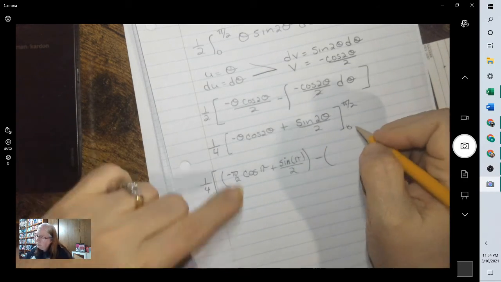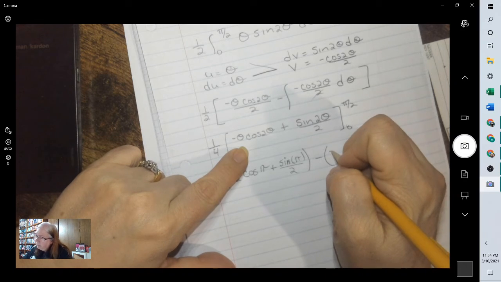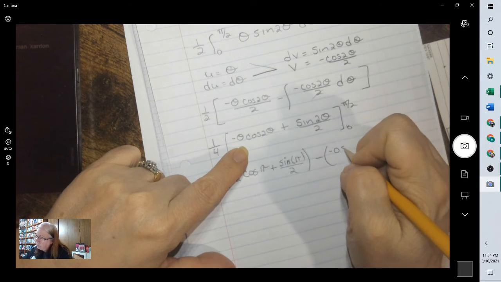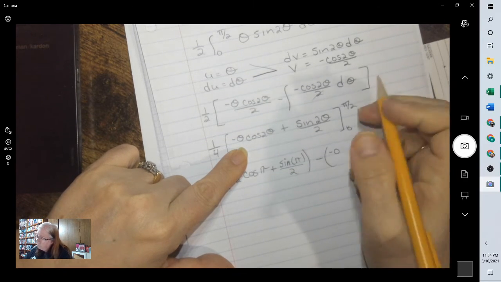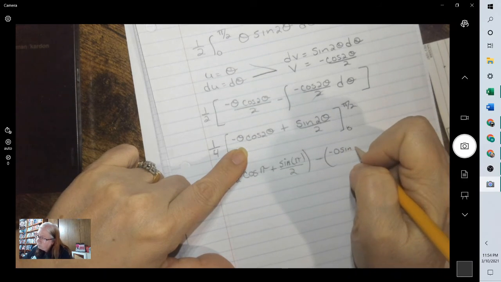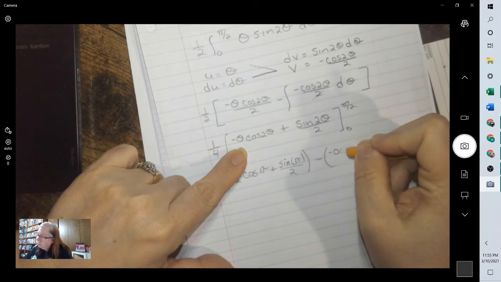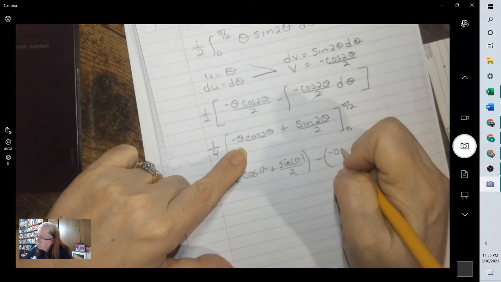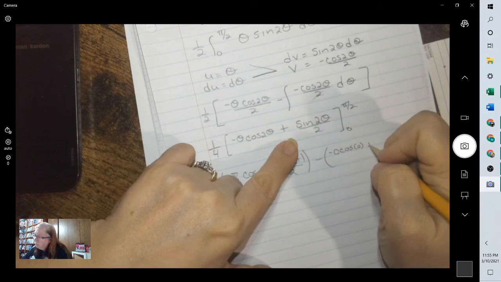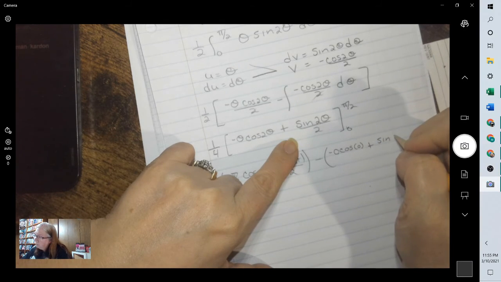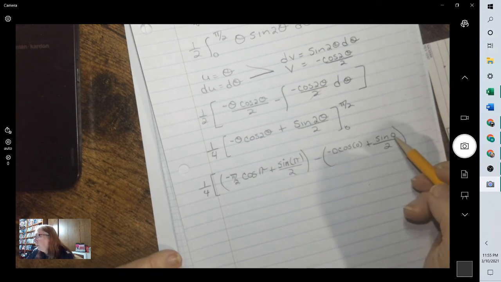Minus plugging in the 0 would be 0. Keep putting sine. Plus the sine of 0, because 2 times 0 is just 0.